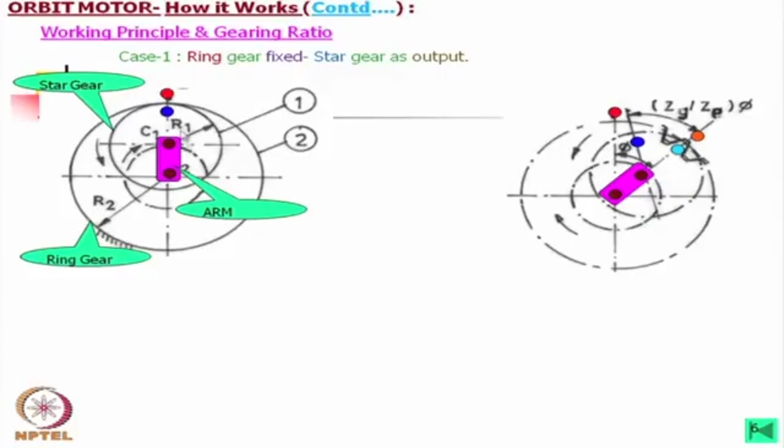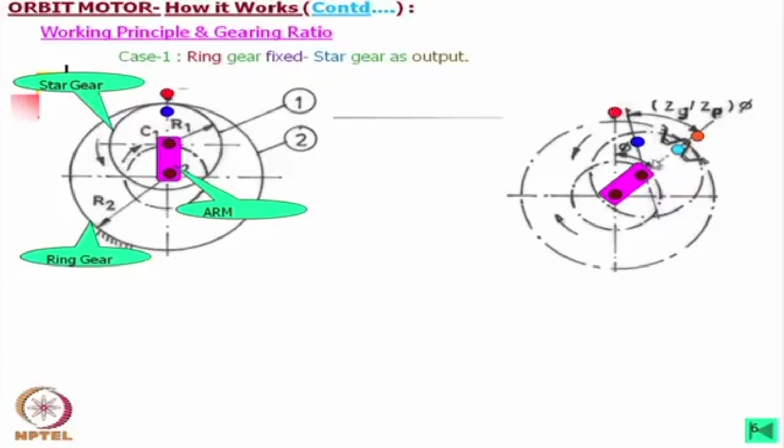So what will happen, these two points are here, and next we bring this point back to here, keeping the arm fixed. We simply rotate this point back to here.